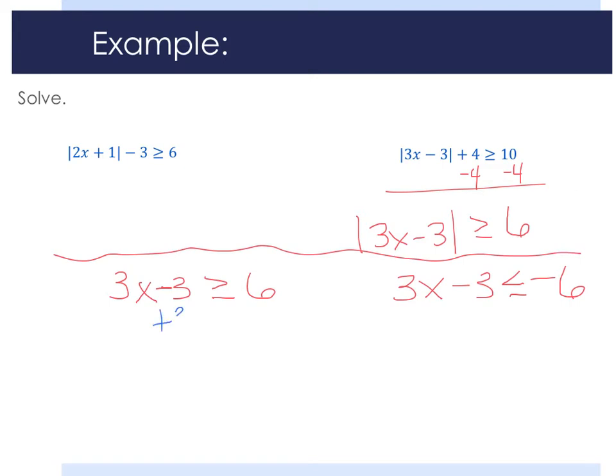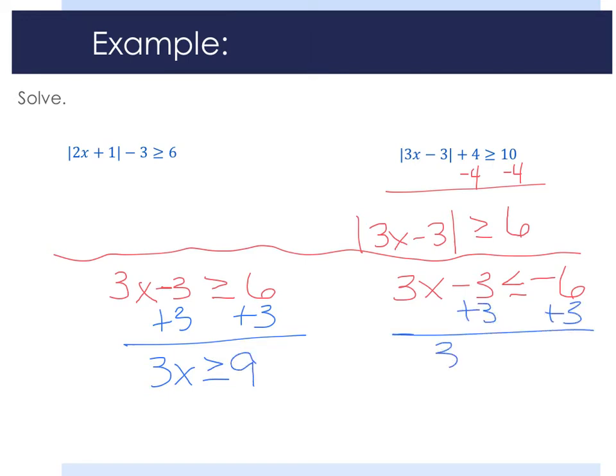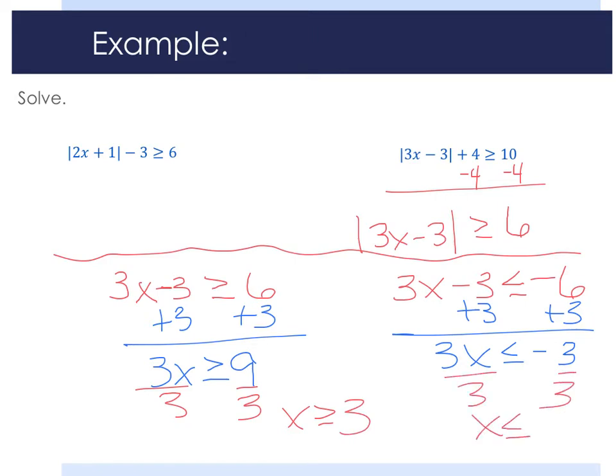Using SIC, I'll add 3 to both sides. 3x will be greater than or equal to 9. Add 3 to both sides. 3x will be less than or equal to negative 3. Divide both sides by 3 in both equations. X is going to be greater than or equal to 3. Divide both sides by 3. X is going to be less than or equal to negative 1.